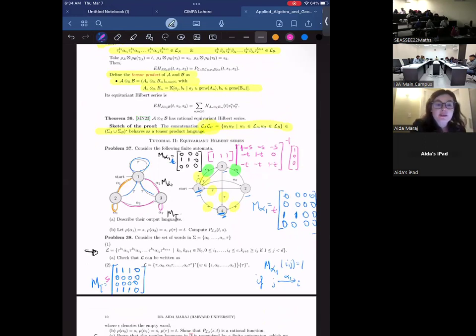Is that clear now? To the person that asked the question, could you let us know about M of alpha 0? What is M of alpha 0?